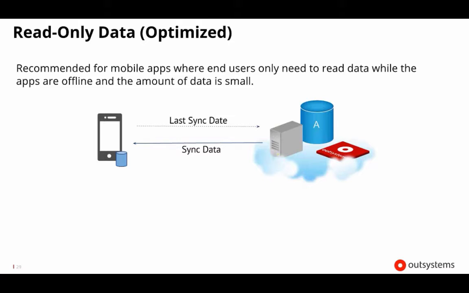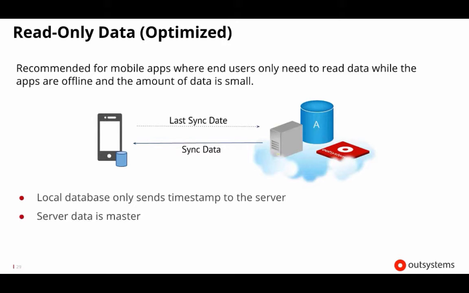And the server will send the sync data to the device. So the local database will only send the timestamps to the server. Again, server data is master, and the advantage is that it will download less information from the server because it will just send the data that was changed after the last sync date.